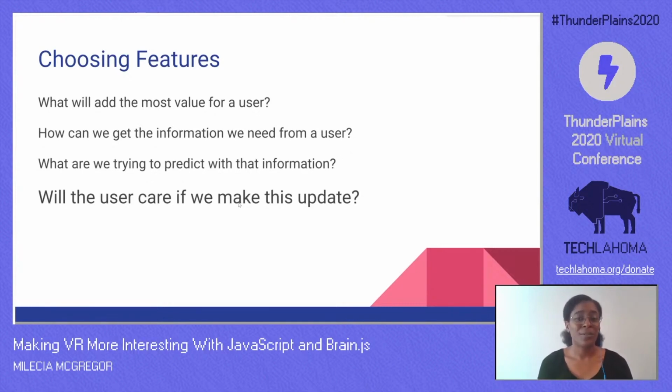If you make this update, if you choose this feature, will the user care? Will that feature choice you made actually influence the prediction in a way the user will care? So, as much as we like to do cool new stuff, it's important that the people we're making these tools and apps for care about the changes.